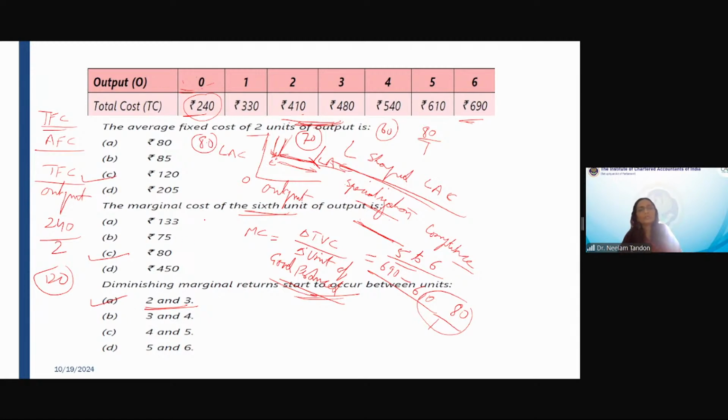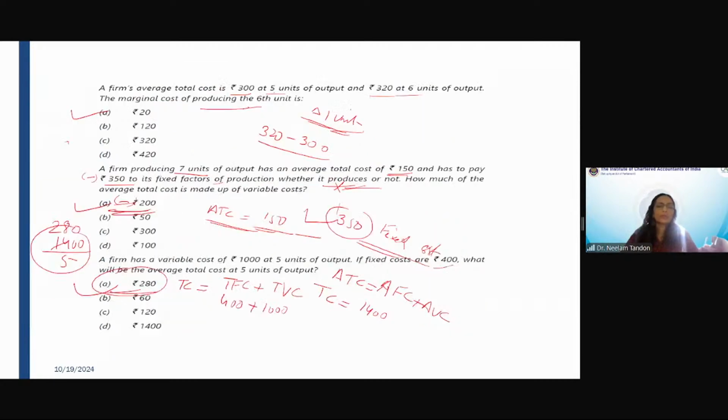If the marginal cost starts decreasing, that means marginal productivity is increasing. When marginal cost is increasing, then it is diminishing returns. Okay, so this is how you calculate the marginal product, marginal cost and returns.